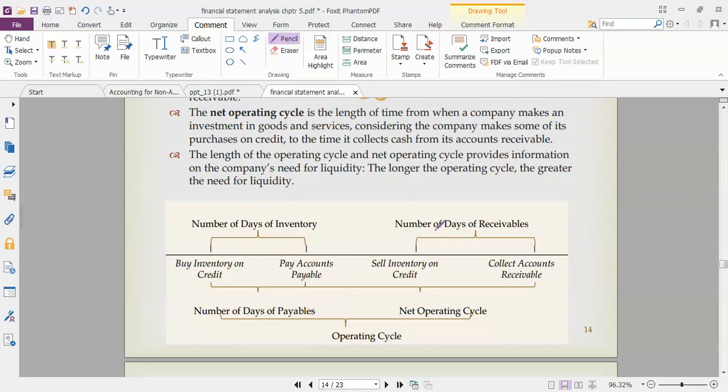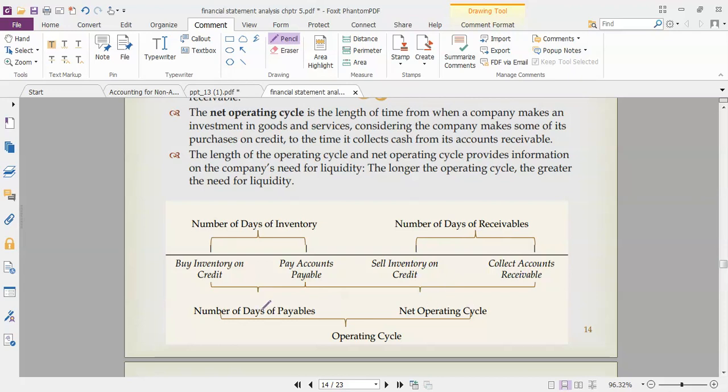Then from the number of days of receivable, we start from selling inventory on credit, and then how many days we take to collect back the accounts receivable. So that is the net operating cycle.